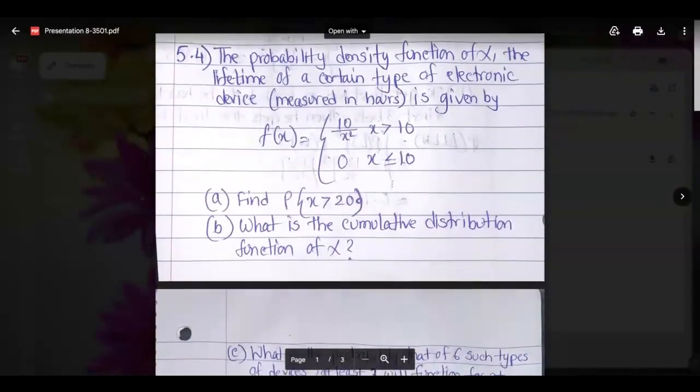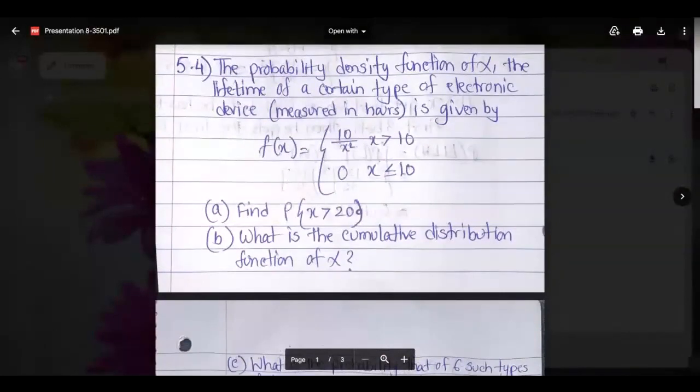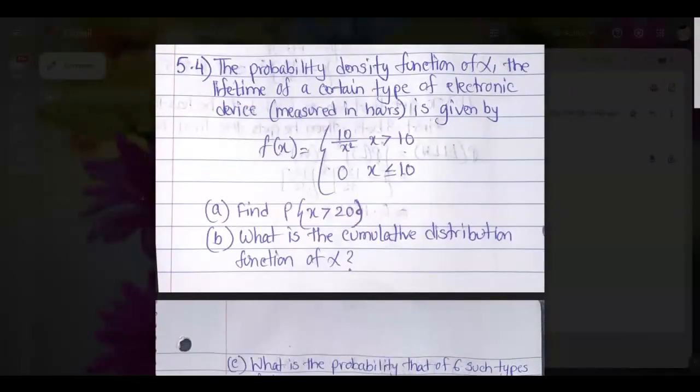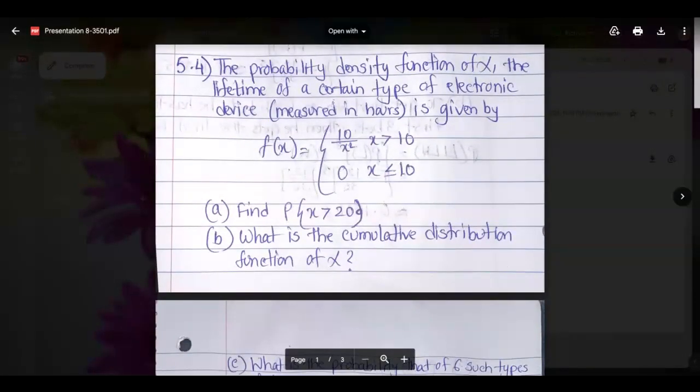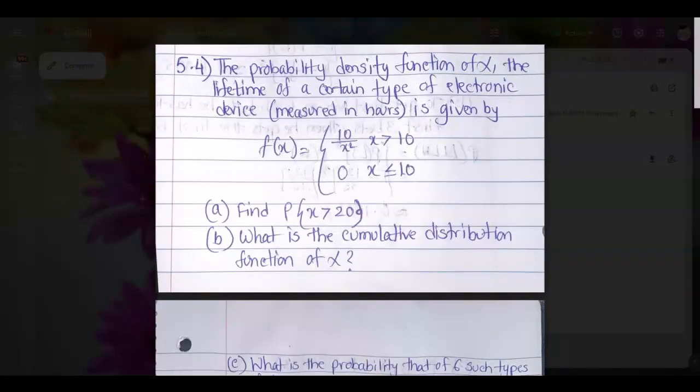Okay, Zakia, go ahead. Okay, so I'm presenting 5.4. The probability density function of x, the lifetime of a certain type of electronic device measured in hours, is given by f(x) = 10 over x squared, where x is greater than 10, and 0 where x is less than or equal to 10.